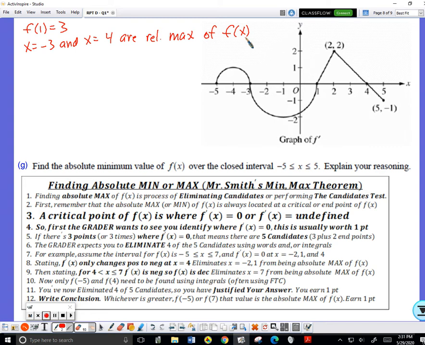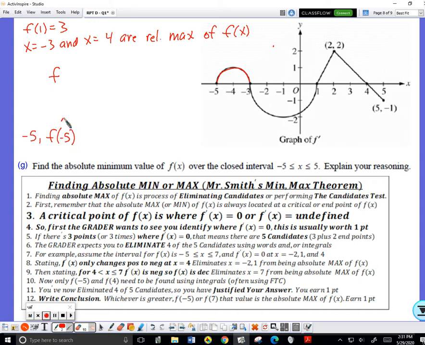And what I notice is, I'm going to have to test all the other candidates because f prime is initially positive. When f prime is positive, f is going up. So if I were trying to sketch what f might look like, I would have an x-coordinate of negative 5. I'd have the value of f at that x-coordinate.